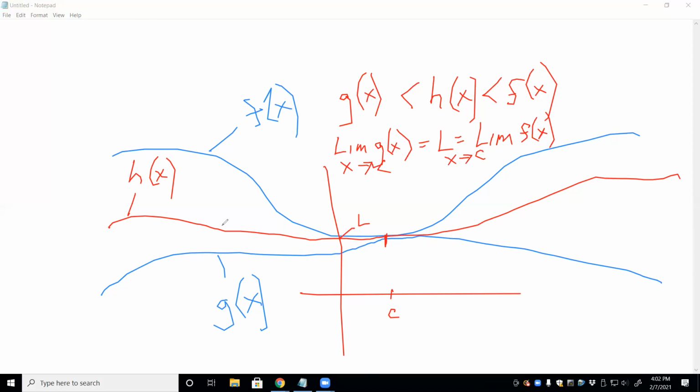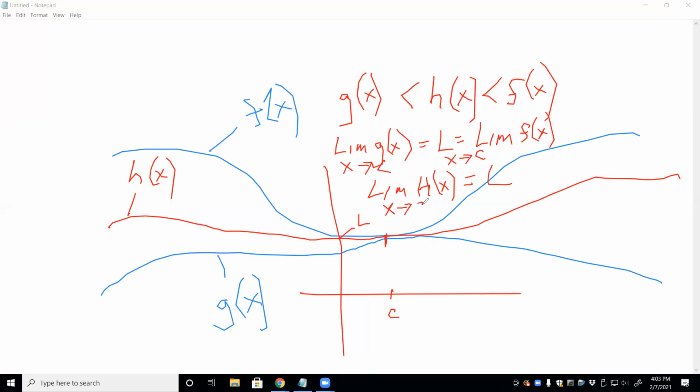But knowing that it is between the top blue function and greater than the bottom blue function, and that both of the top and bottom blue functions approach L as x goes to C, then the limit of h of x also has to be L as x goes to C.